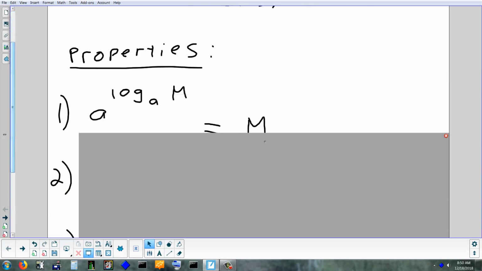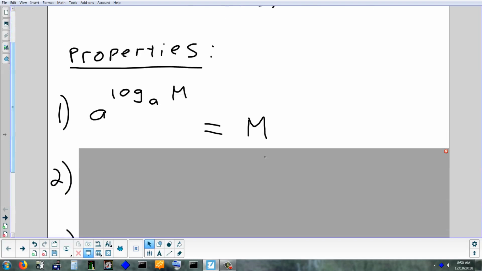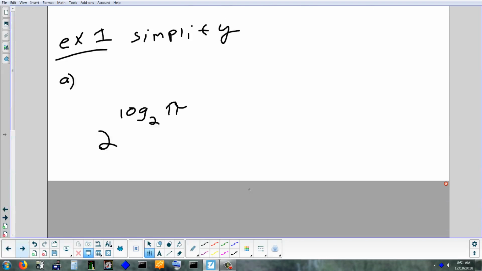So the first one is this expression here. If you've got something that looks like a to the log base a of m, the key is this number and this number have to match. An example with actual numbers would be like this one: 2 to the log base 2 of pi.